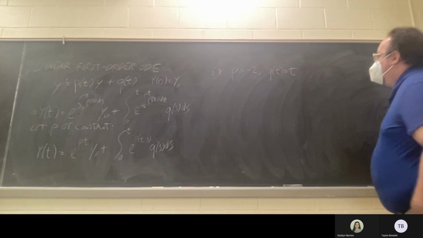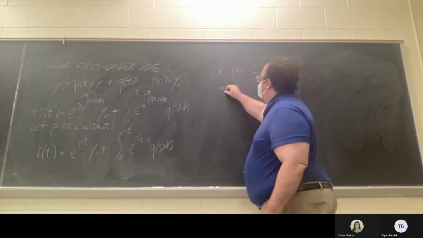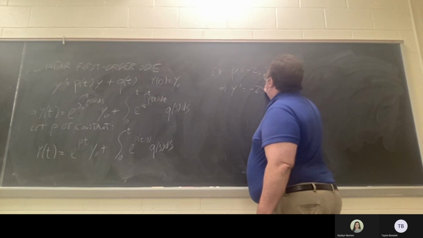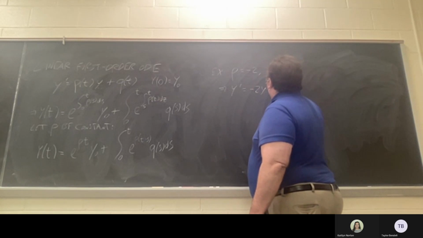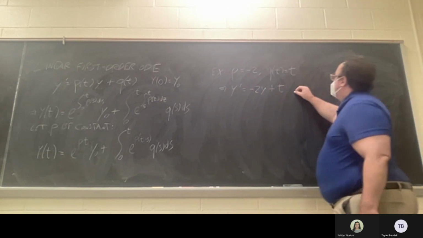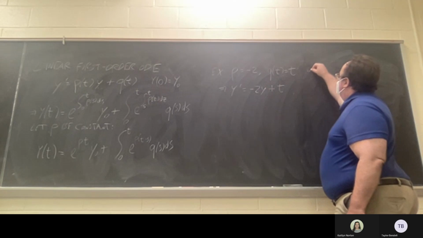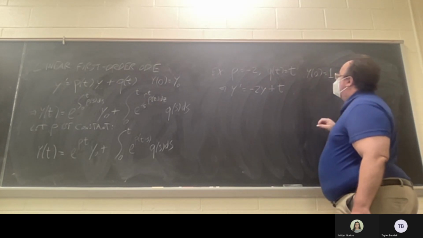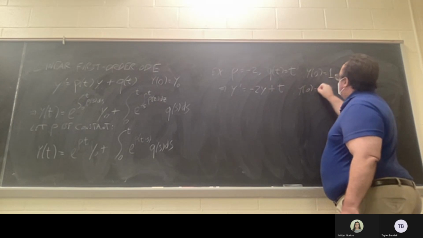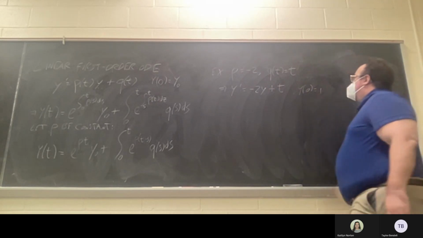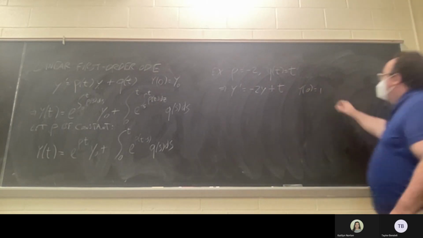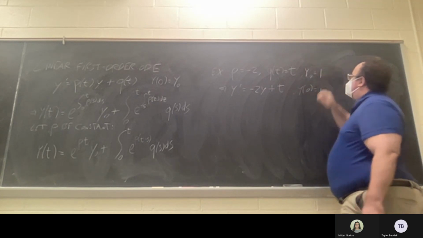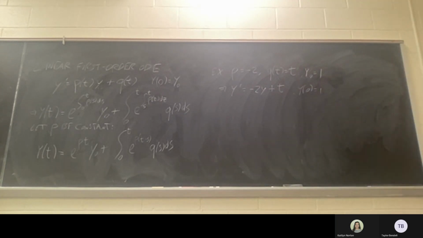Now the ODE I'm solving is y prime is equal to -2y plus t. And that'll be my initial condition, assuming that y naught is equal to 1.